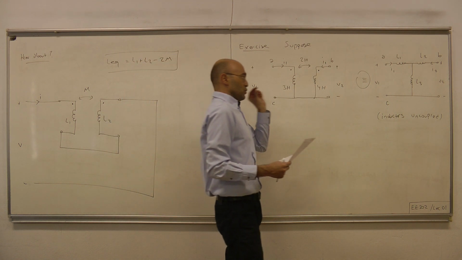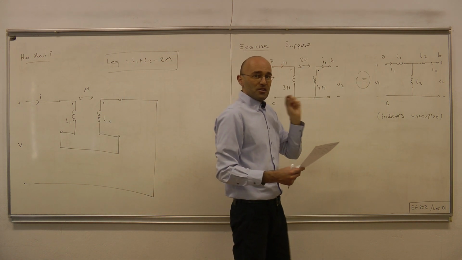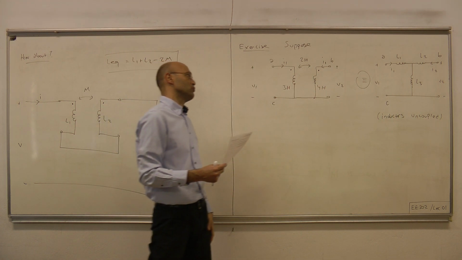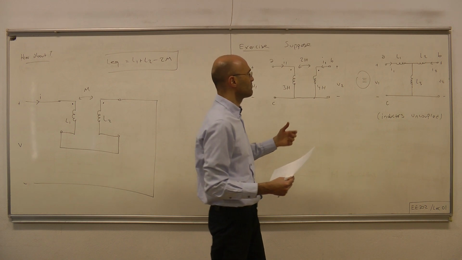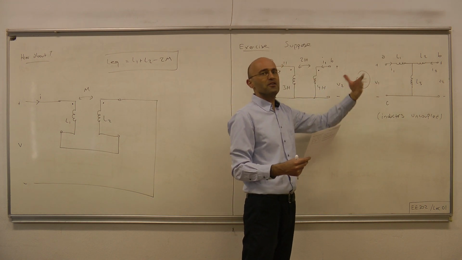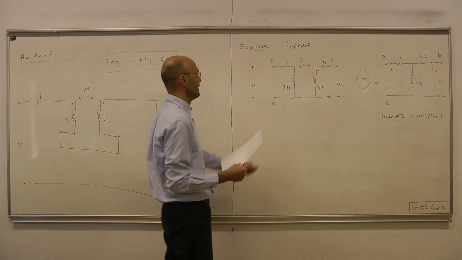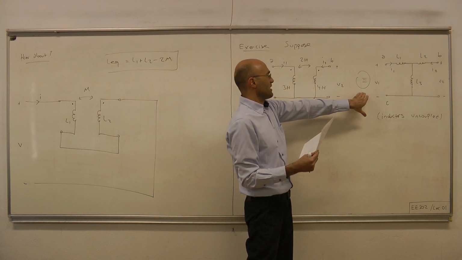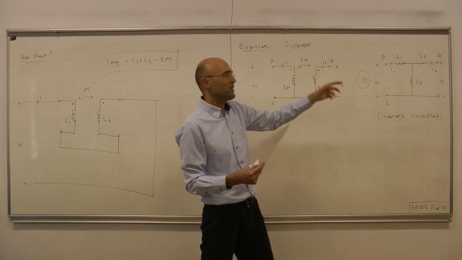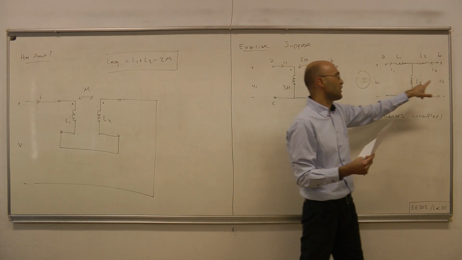But to talk about equivalence in the proper sense, because we're talking about a dynamic element, we also have to be careful about the initial conditions, though it's not what's asked. To talk about exact equivalence, whatever the initial currents here, I10 and I20, we must have the same initial currents here, I10 and I20.